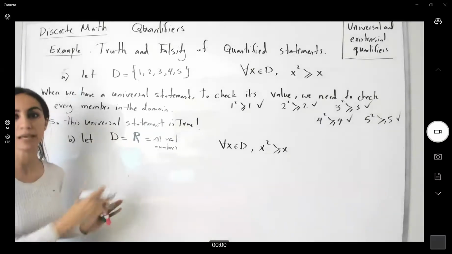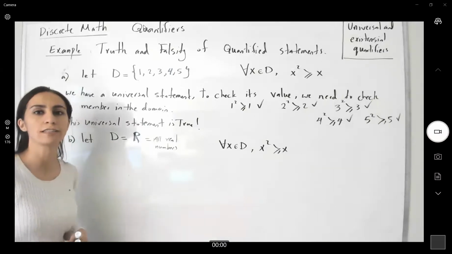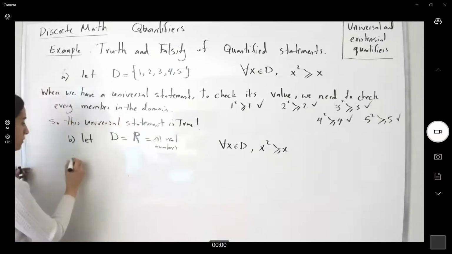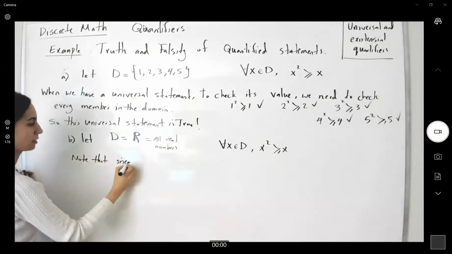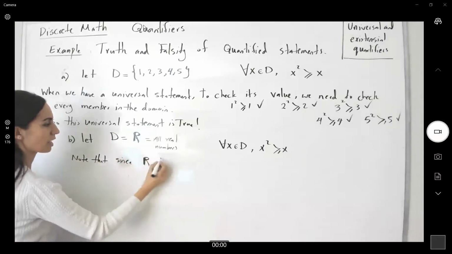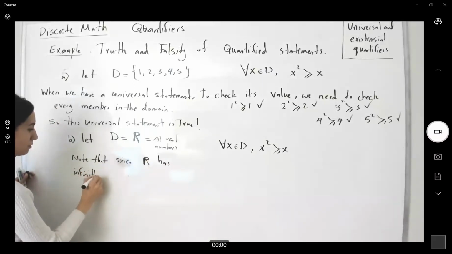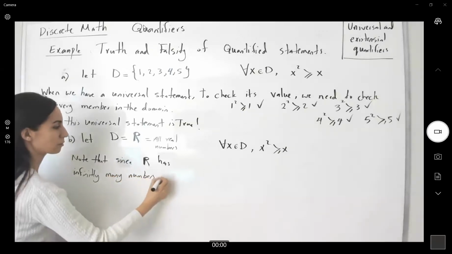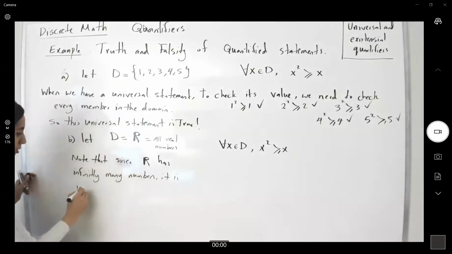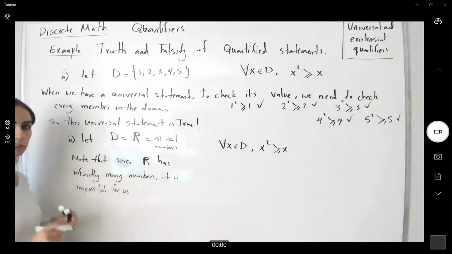So in these cases, it's easier for us to try to find a counterexample. Note that since R has infinitely many numbers, it is impossible for us to check each member.